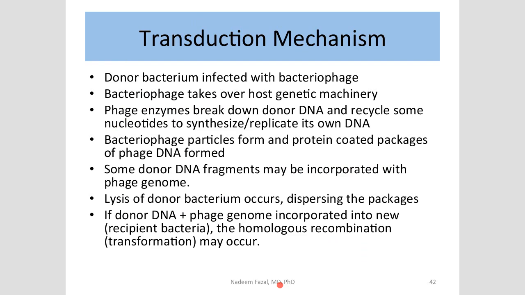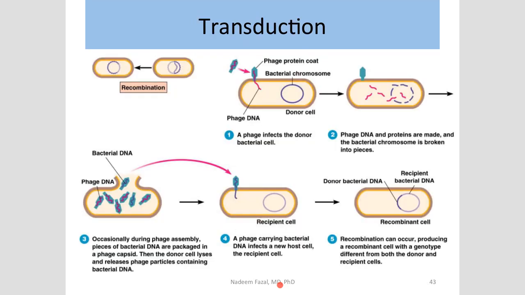And then there are all the different mechanisms over there. As I explained earlier, for those of you who are interested, this is a very good video. You can even ask me. But you can see from here, bacteria get infected by a virus. The virus puts its DNA in, and the DNA incorporates into the bacteria.